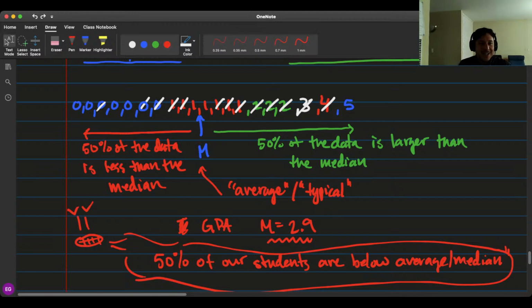You get these weird discussions like, oh my god, half of our students are below average. And it's sort of sad, because apparently, Mr. Principal or whoever you are, you never took a statistics class, because you would understand that that's just the reality. You could maybe change the average, but you shouldn't be shocked about that.